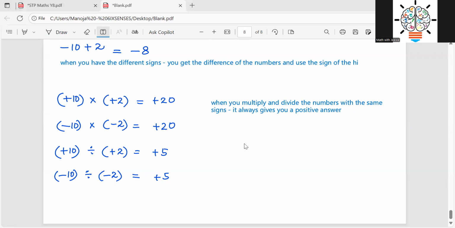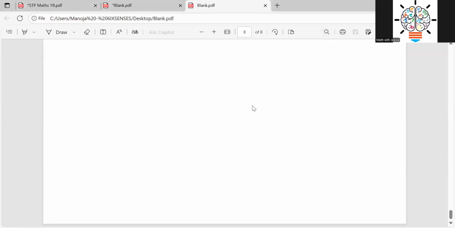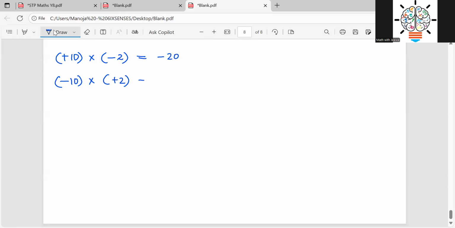I'll take another one. So let's say you have something like this. Positive 10 multiplied by negative 2, and negative 10 multiplied by positive 2. It gives you negative 20.